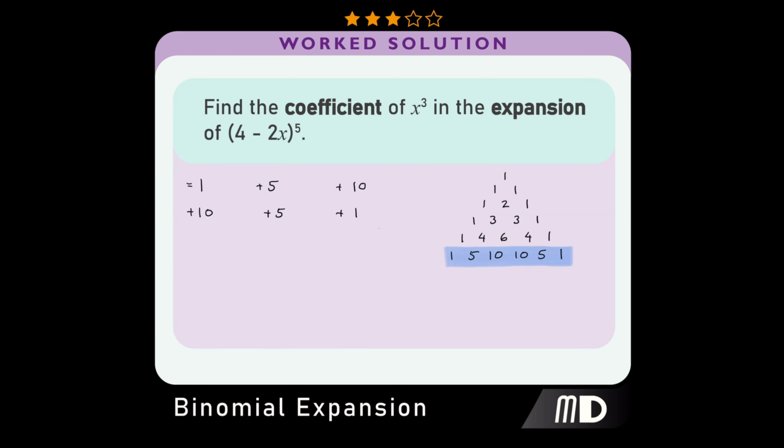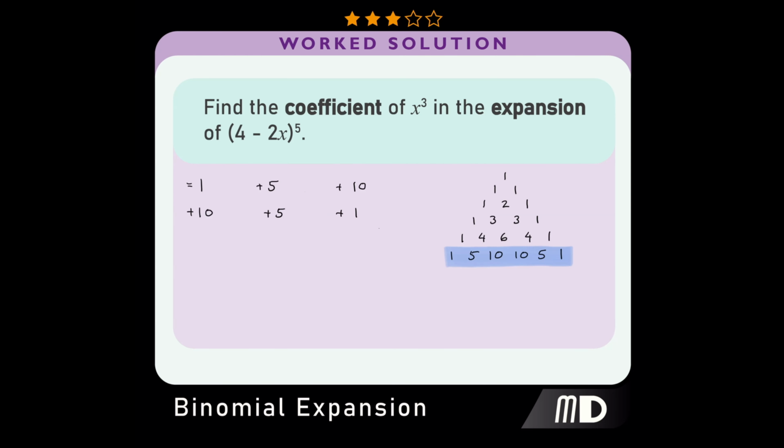There are two terms in the expression we are expanding, a 4 and a minus 2x term. Let's begin by multiplying the minus 2x term in descending powers with each coefficient.